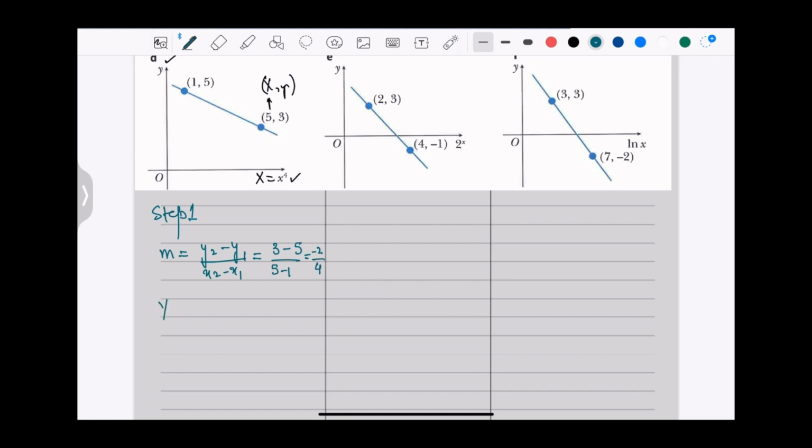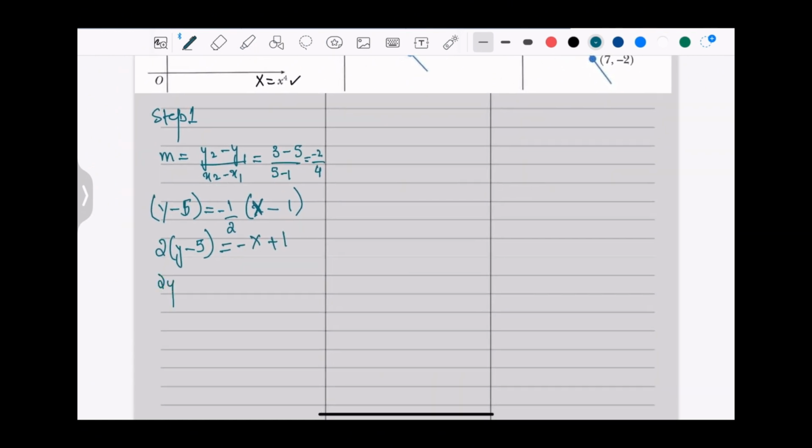So y minus y1, which is 5, equals negative 1 over 2 times capital X minus 1. 2 times y minus 5 equals negative capital X plus 1, and 2y minus 10 equals negative X plus 1.